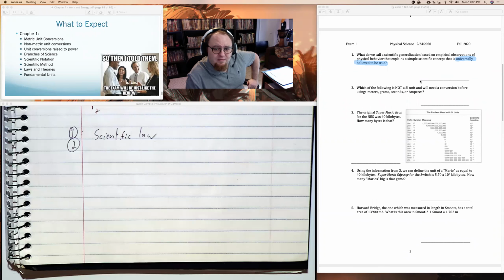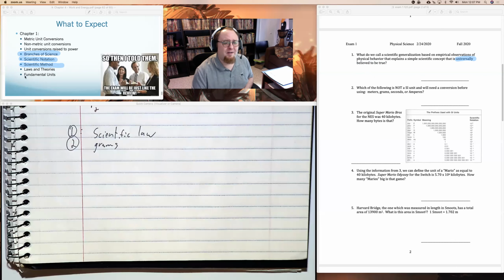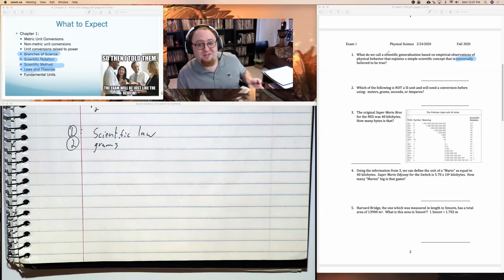Know the branches of science was a quick thing I covered, just like what makes up physical science. It's like one slide in the notes. I could go further with laws and theories, although I did laws and theories last semester, and since I'm giving you the answers to last semester's exam, it's probably not likely I did the same thing again. Same logic with fundamental units.